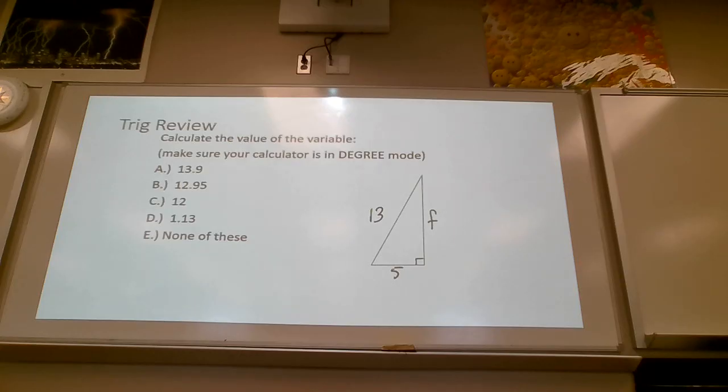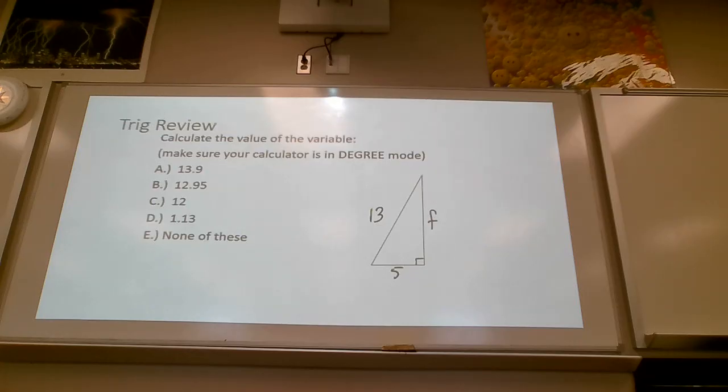Okay. You don't have any angles, it's all sides, so it's the Pythagorean theorem. 13 is your hypotenuse.